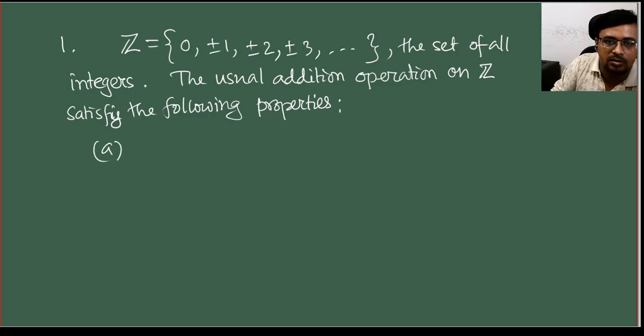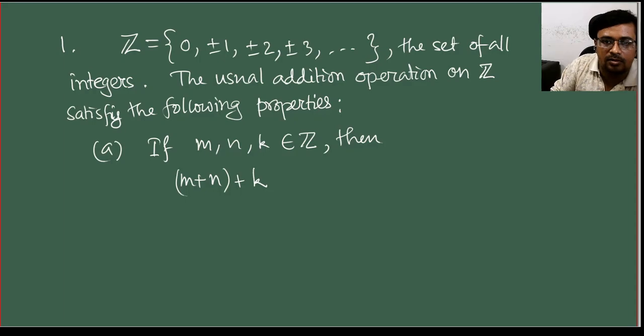The first property is that if m, n and k are any integers, then if I take m plus n and then add it with k, that is the same as if I take n plus k and then add it with m, right? This property is called the associativity of the addition operation.